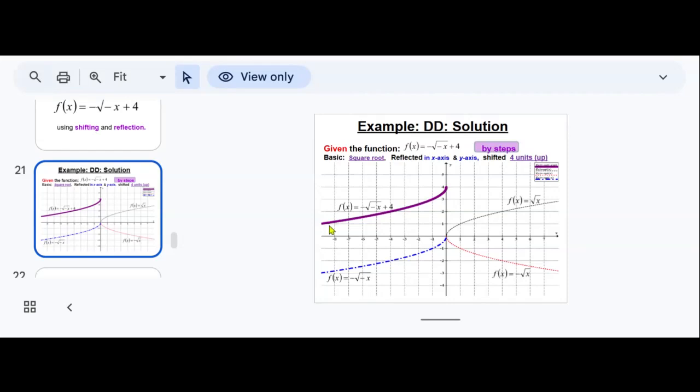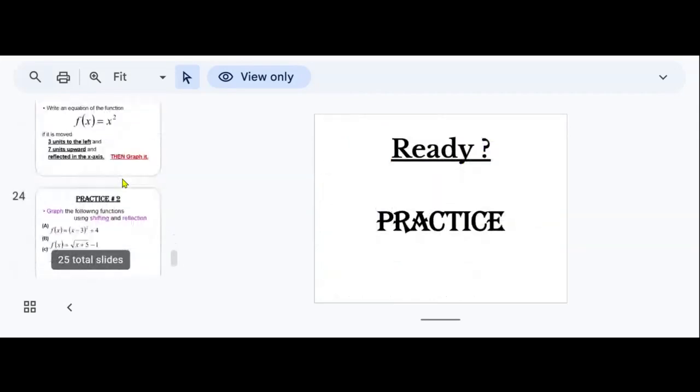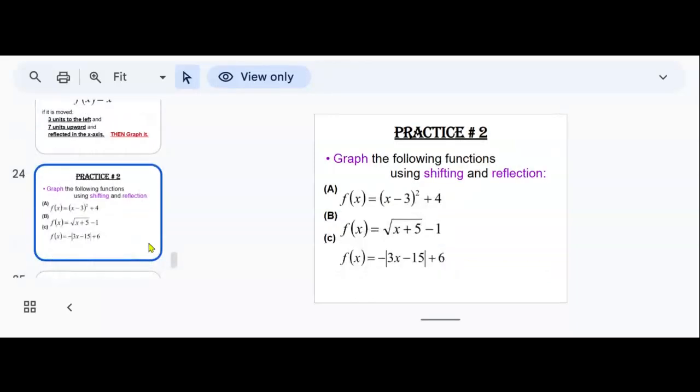Okay. So this goes on for the remaining slides. So here you have the practice and you have the questions here. Can you please do it?